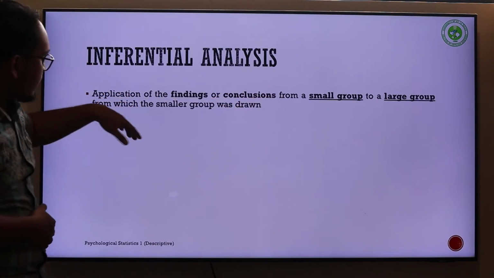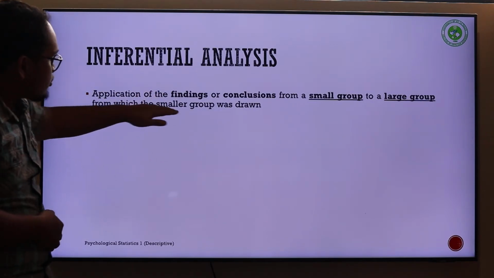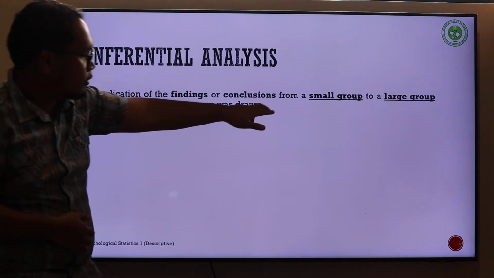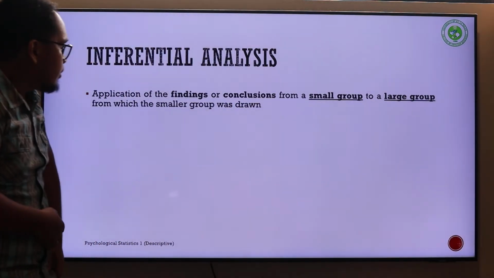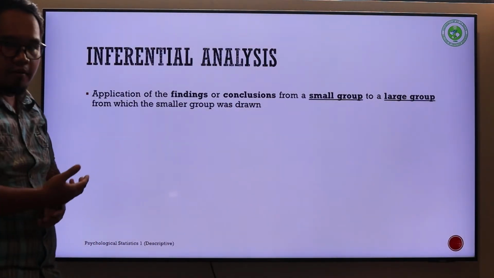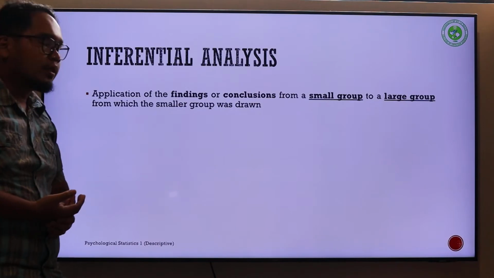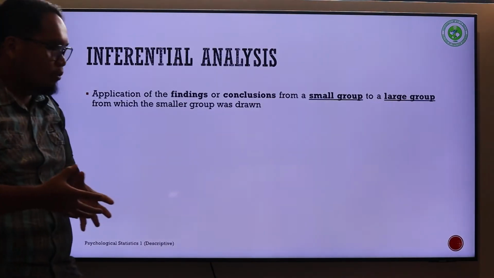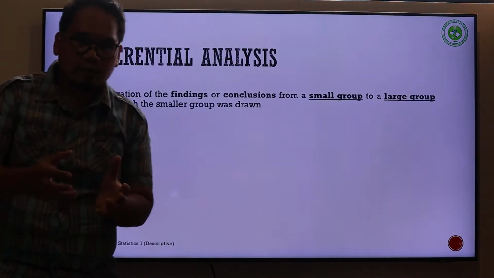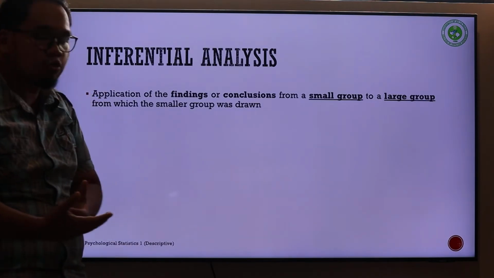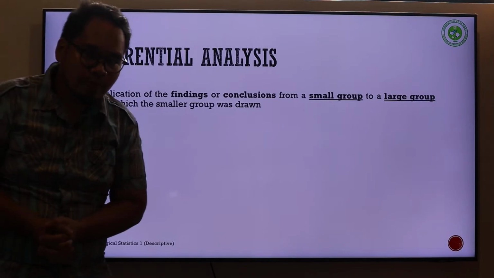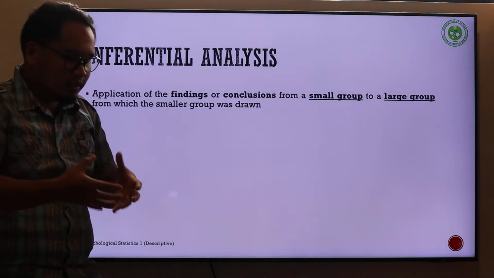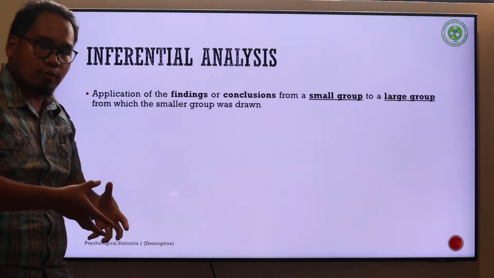Let me rephrase that: application of the findings or conclusion from a sample to a population is happening. Okay? So whatever we find, say for example we have found that there's a relationship between grades and relationship status, and we have found out that in that sample it is true.